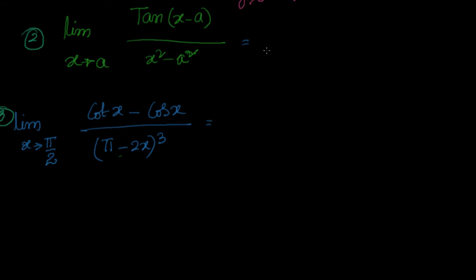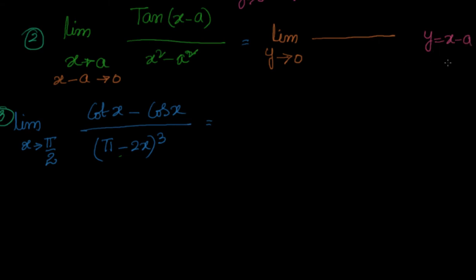So I will go ahead and write down first y tends to 0. Then I will see what y should be. If y has to tend to 0, then y should be equal to x minus a, because x tends to a, x minus a tends to 0. So I have to take y equal to x minus a. So I will write down here y equals x minus a.